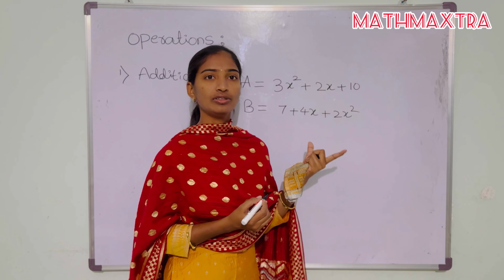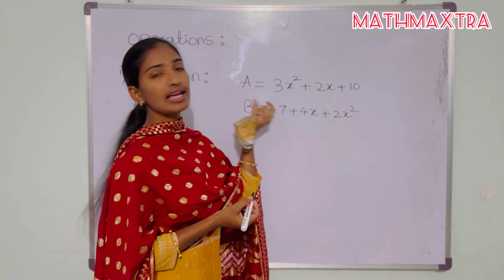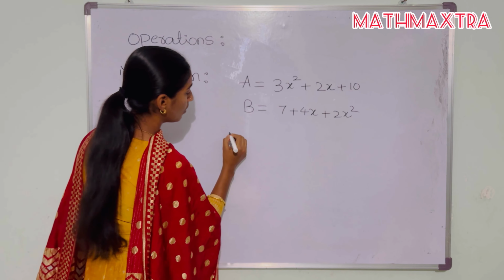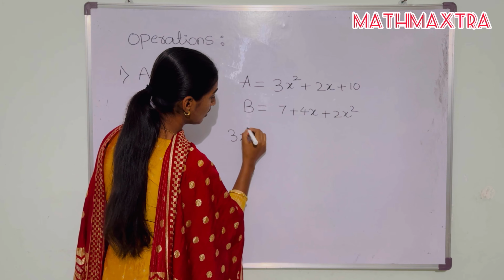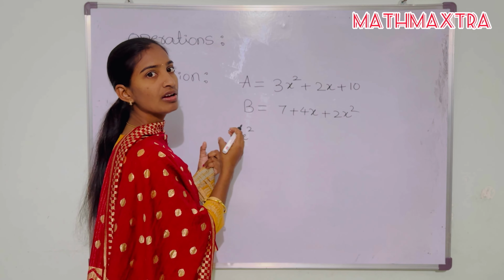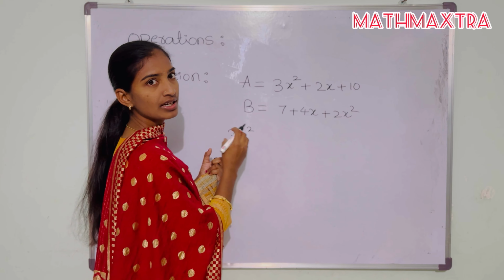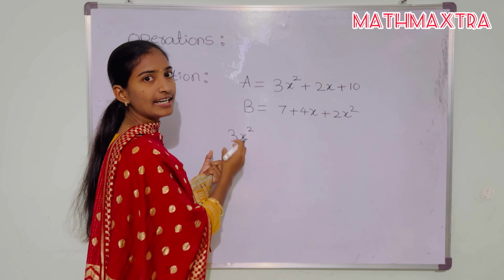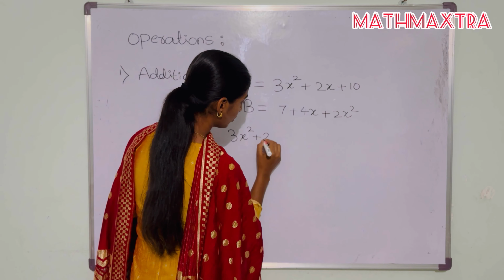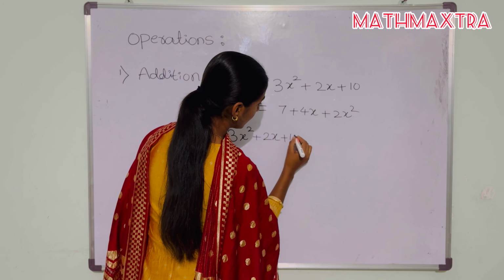So what we need to do is add the like terms. First you write the algebraic expression in descending order of their degrees. You write the terms according to the descending order of their degrees. So 3x square, next 2x plus 10.